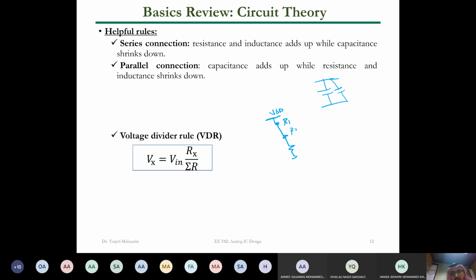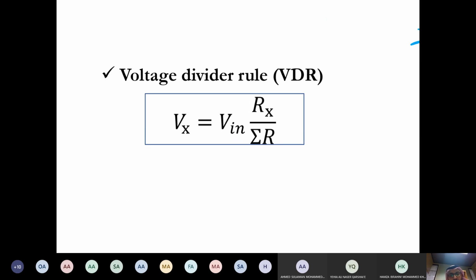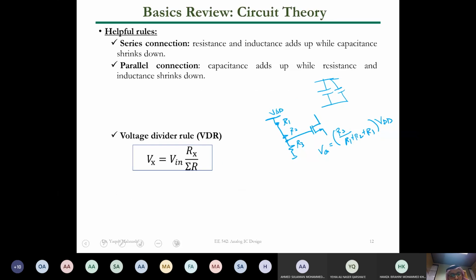Just in case I connect the gate of the MOSFET transistor to that point and ask you to find the gate voltage, the gate will be R3 over R1 plus R2 plus R3, multiplied by VDD. It is a very helpful rule.